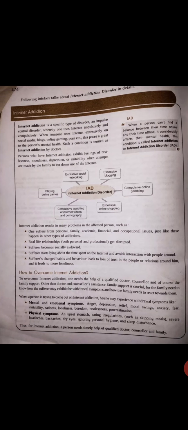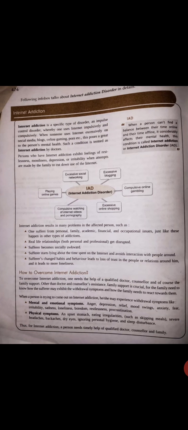At last is internet addiction. Internet addiction, you all are familiar with the term: continuous use of the internet. A person cannot find a balance between their time online and their time offline. It is considered to affect mental health. This condition is called internet addiction or internet addiction disorder. So there are certain rules to overcome this.